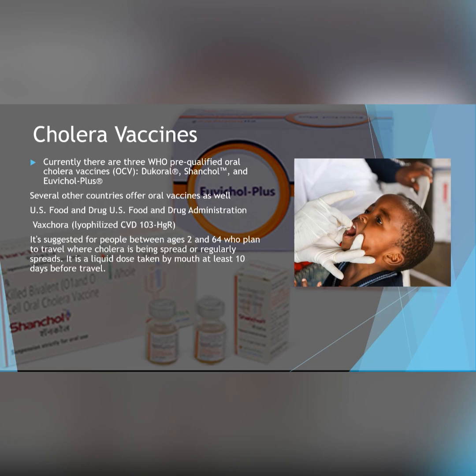It is a liquid dose taken by mouth at least 10 days before travel. As you can see in the picture on the right-hand side, children are being fed the cholera vaccines.